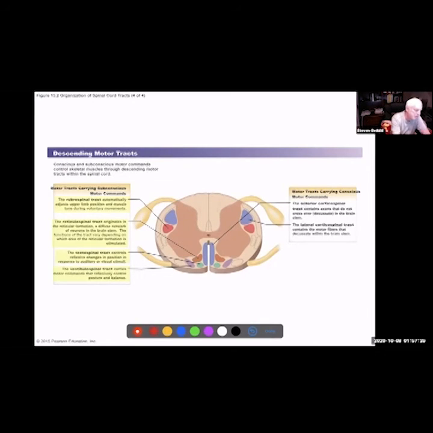This is a rubrospinal tract. This is the reticulospinal tract, where they're located. This is the tectospinal tract. And this is your vestibulospinal tract. 4 different tracts for subconscious control.